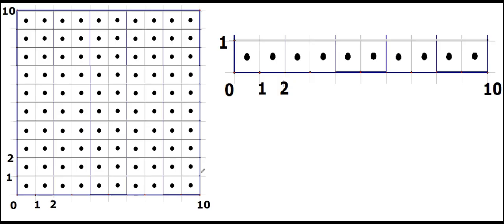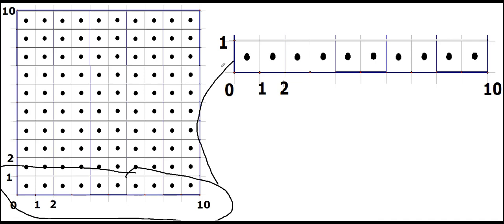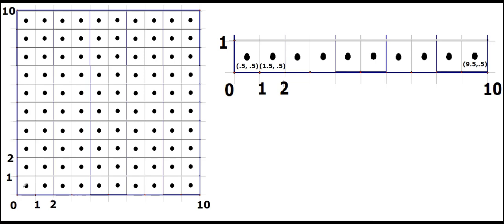Okay, and if we look at the coordinates of the midpoints, let me just make them bigger a little. So here I have brought this first row up here, and what we can notice is that the coordinates of the midpoints of the squares in this row are 0.5, 0.5 here. Now this will become what? 1.5, and that's how we go along this row.